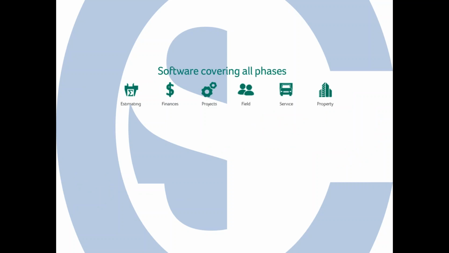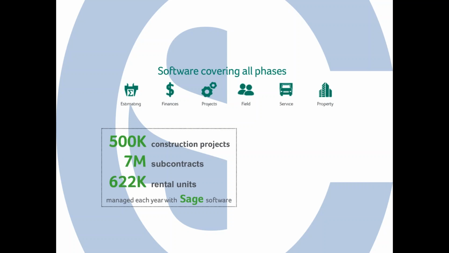We cover all the different phases from pre-construction, estimating, finance, project management, field, which you'll see a lot today with the Sage Mobile Projects, service, and property management as well. And we will even have a little bit of news for you property management customers out there.